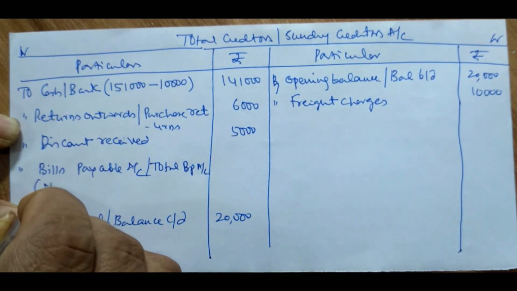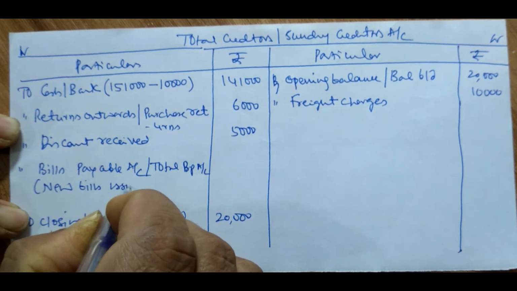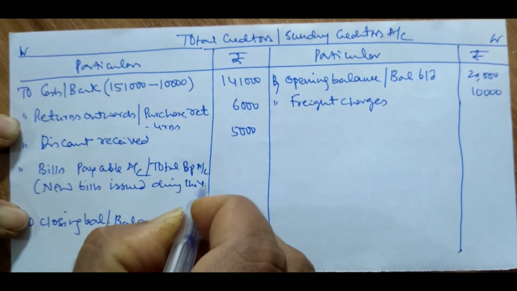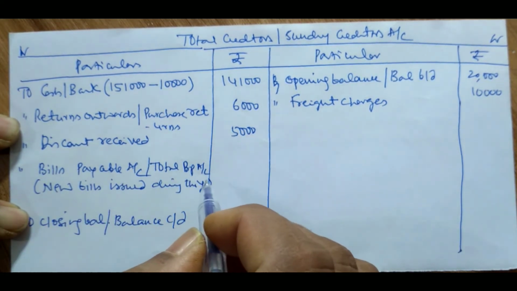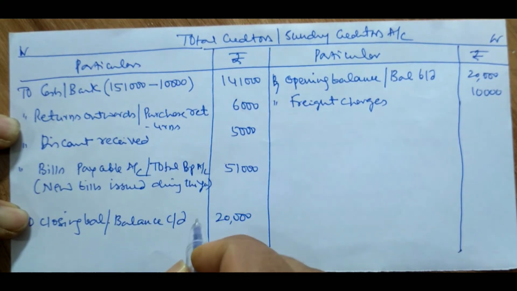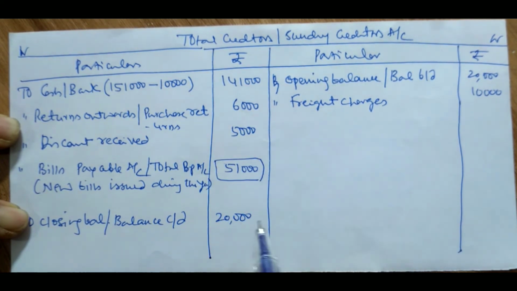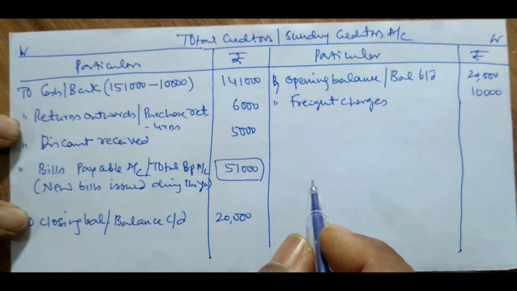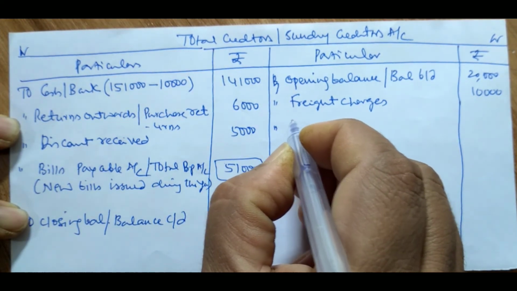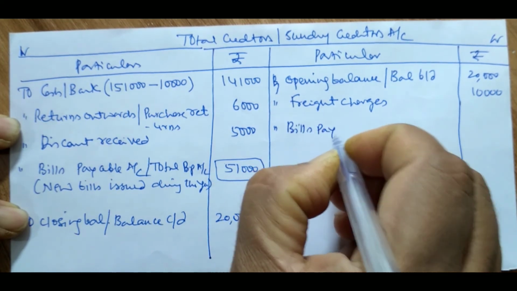This is nothing but new bills issued during the year. This amount is found by preparing the total bills payable account. This is the amount transferred from the previous account. And in case if there is any bills payable dishonored, that will be written credit side.